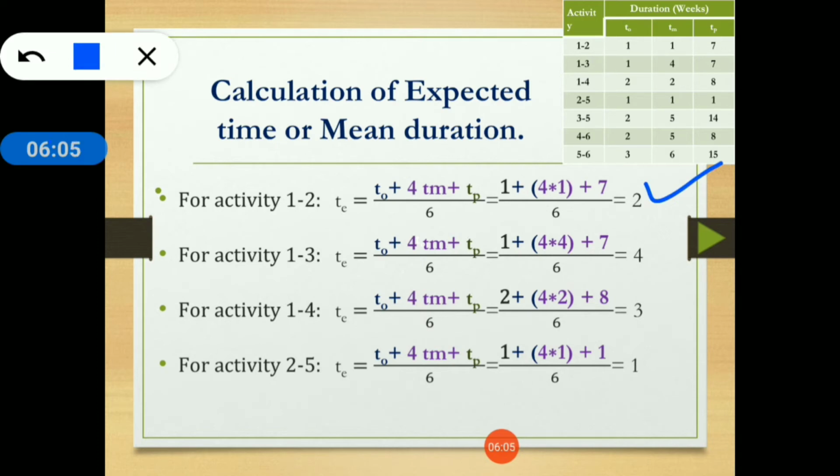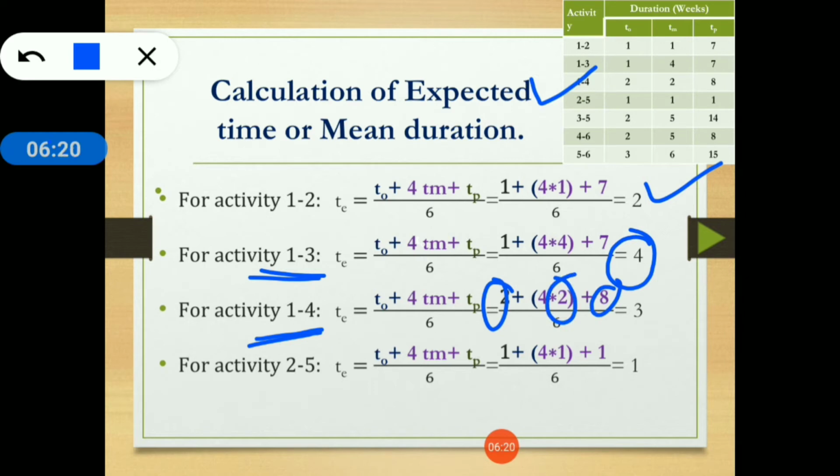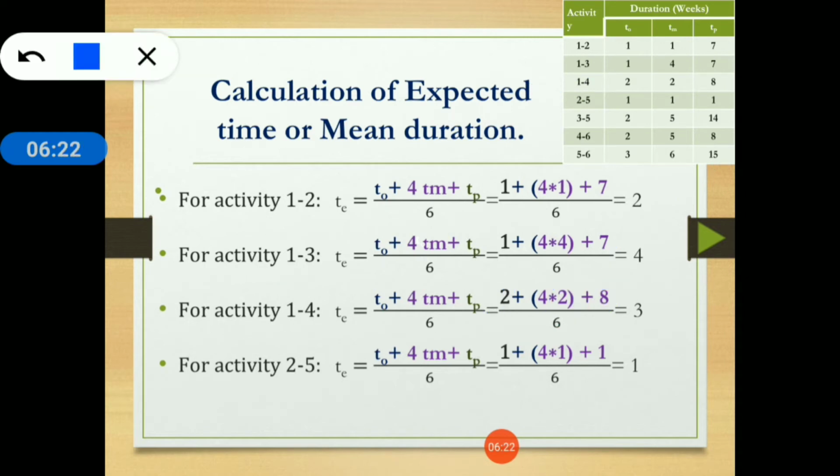For activity 1 to 3, you will get 4 as the estimated time. For activity 1 to 4, the times are 2, 2 and 8. So you will get the answer 3. Likewise, you will get the expected time using this equation.